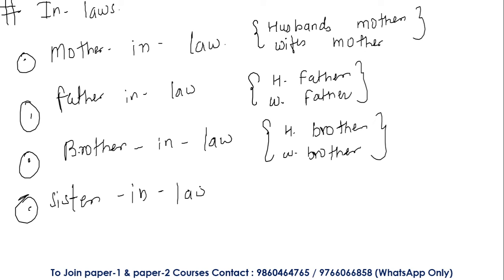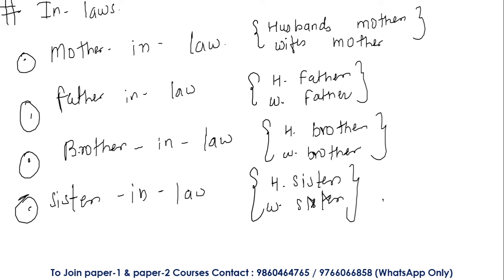Husband's sister or wife's sister, simple thing. So these were some of the relations of in-laws: mother-in-law, father-in-law, brother-in-law and sister-in-law. I hope you understood this as well. Take a screenshot of this again.